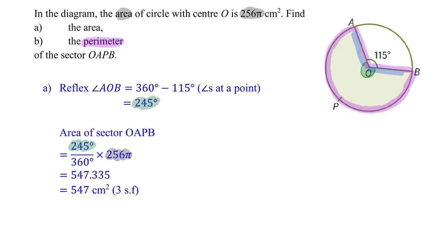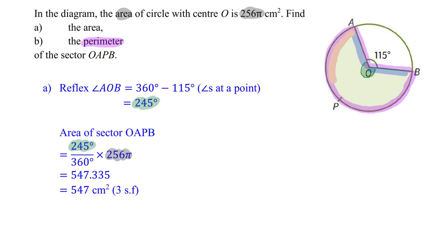Because that will be my OA and OB. And if I know the area of the whole circle, I will be able to find my radius OA and OB. And then I will need the radius, because I will also need the circumference.